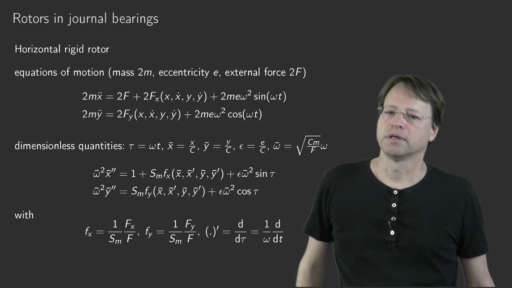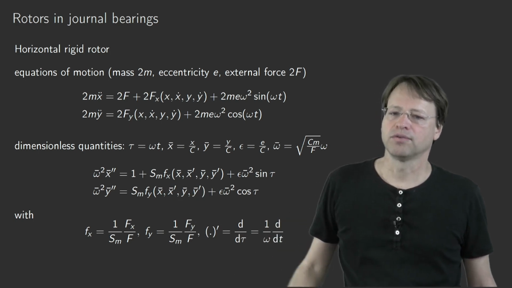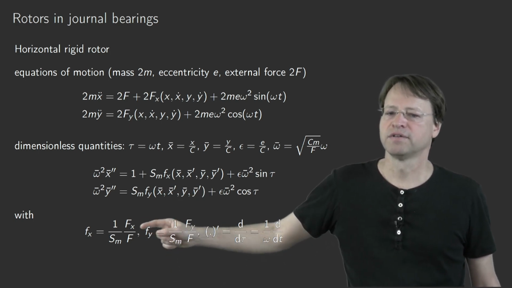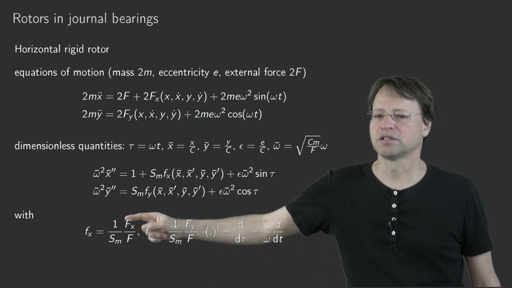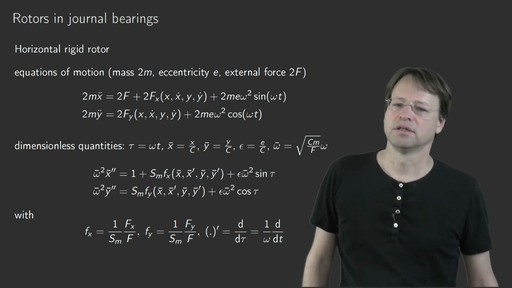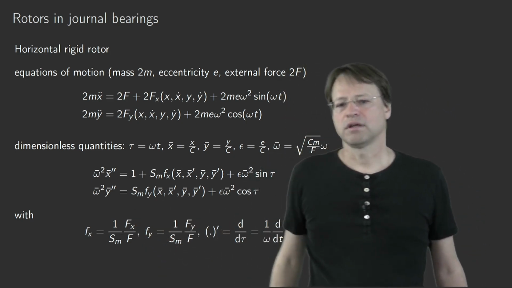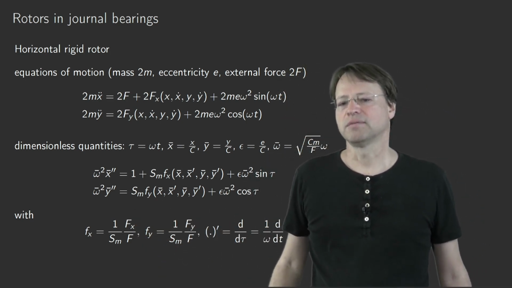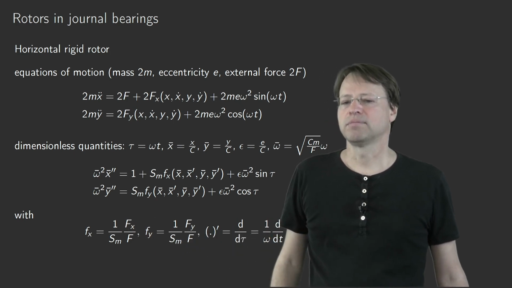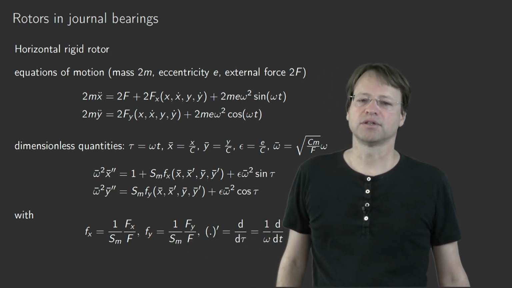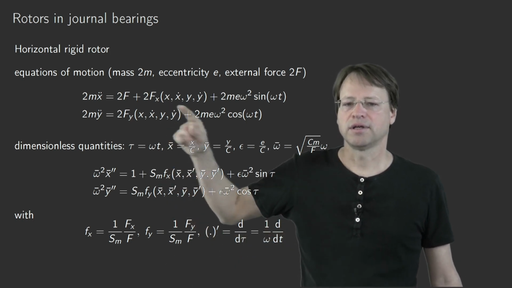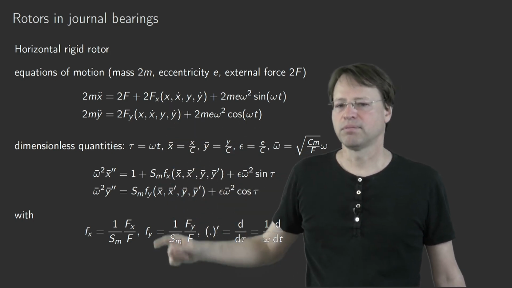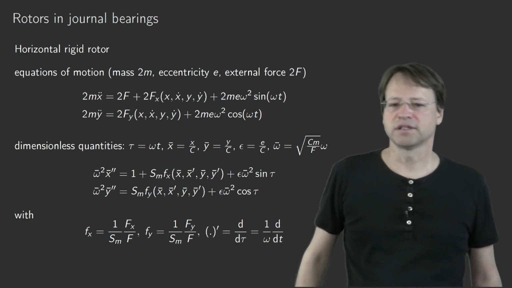For the ratio of the force, you can see fx divided by f, we get that dimensionless force fx is the ratio of fx divided by f, and then 1 divided by the Sommerfeld number, which is a dimensionless quantity. So we replace the ratio fx divided by f by Sm times fx.